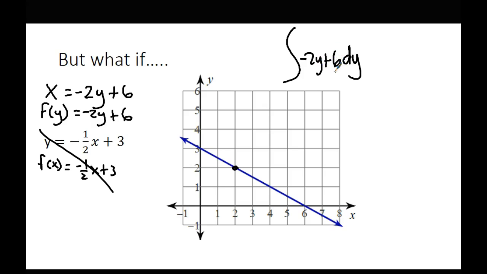What are my limits? 0 to 3 now. You guys see why? No pun intended. You see why? Because now, instead of integrating from left to right, we're integrating from bottom to top. Okay? And that's what we call integrating with respect to y.